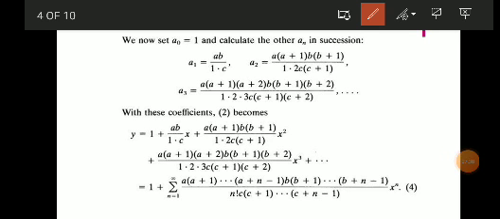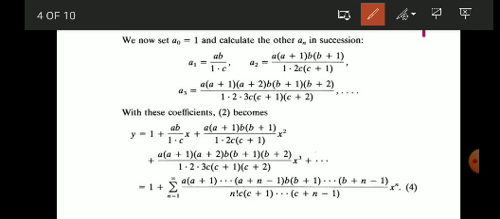Next, first we put the last result a_{n+1} equal to (a+n)(b+n) by (n+1)(c+n) a_n.